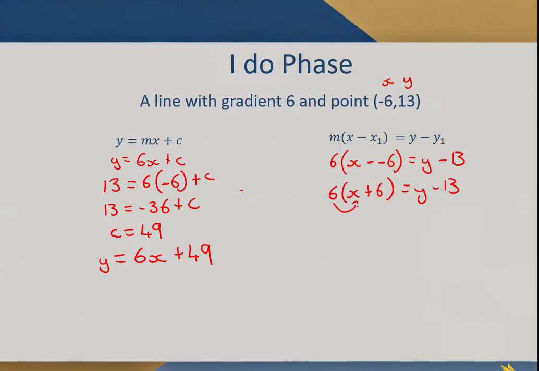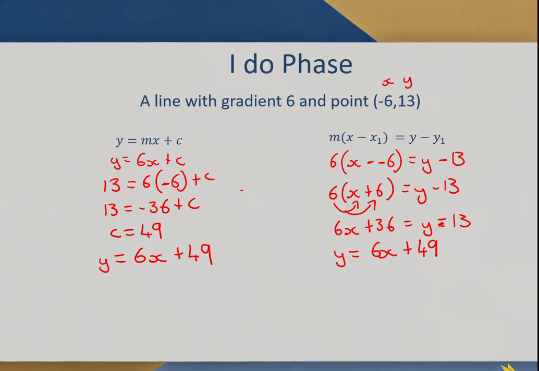I expand the brackets: 6 times x is 6x, 6 times 6 is 36, equal to y take away 13. And I add 13 to both sides, and that will give me y is equal to 6x plus 49.